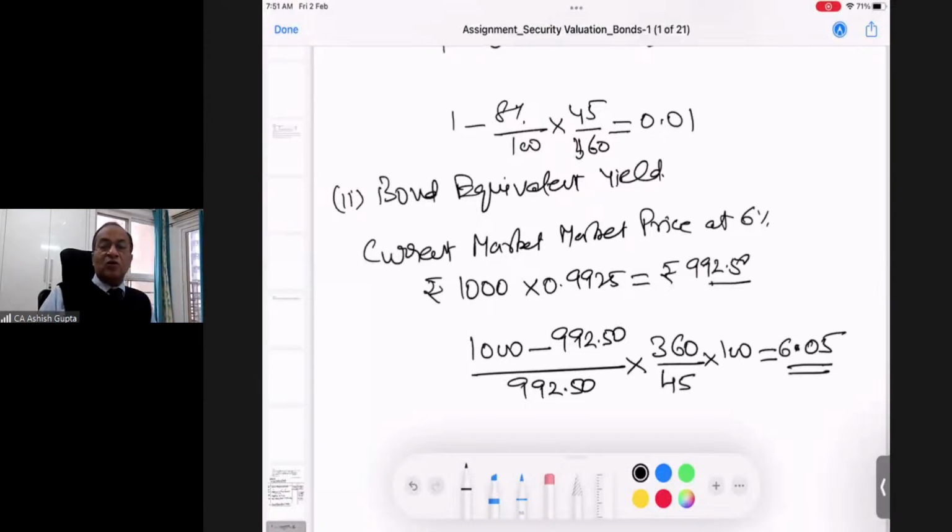Please note here there is no coupon payment, because money market instruments are issued at a discounted value. That I will explain to you in the next class.